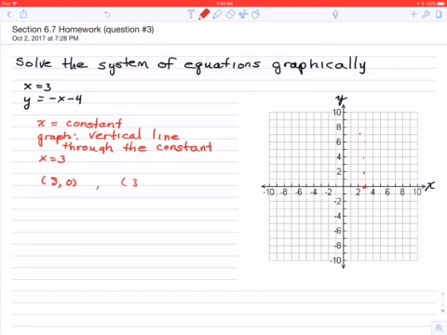So it can be 3 and any other y value. So let's just take x is 3, y is 2. So if you plot those 2 points, what you'll get is a vertical line that goes through x is 3.